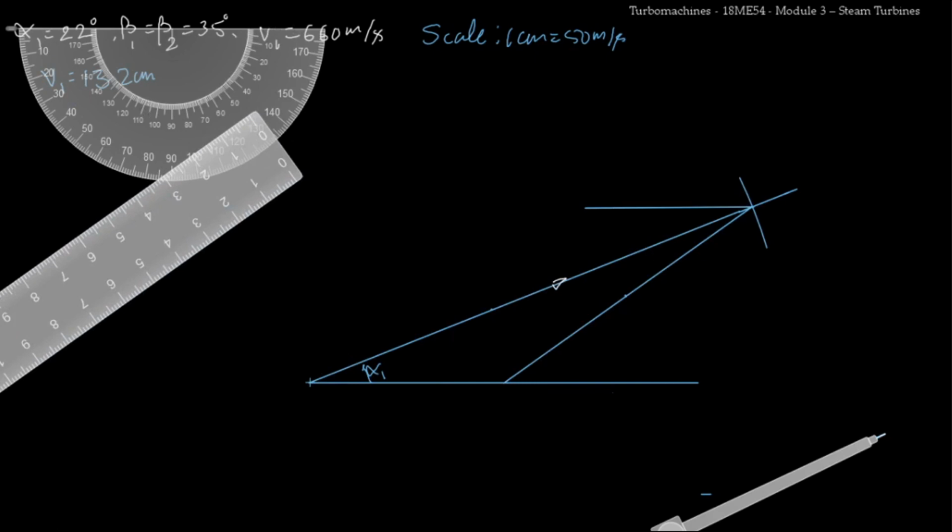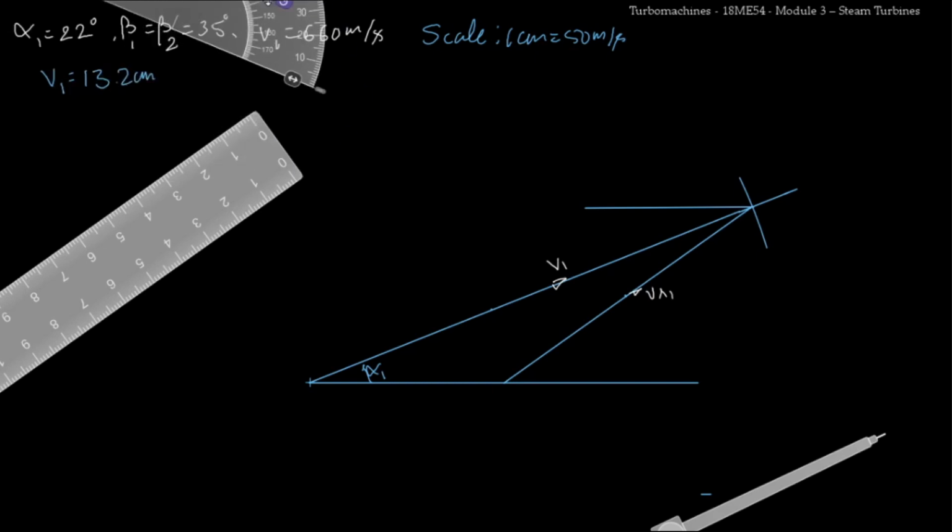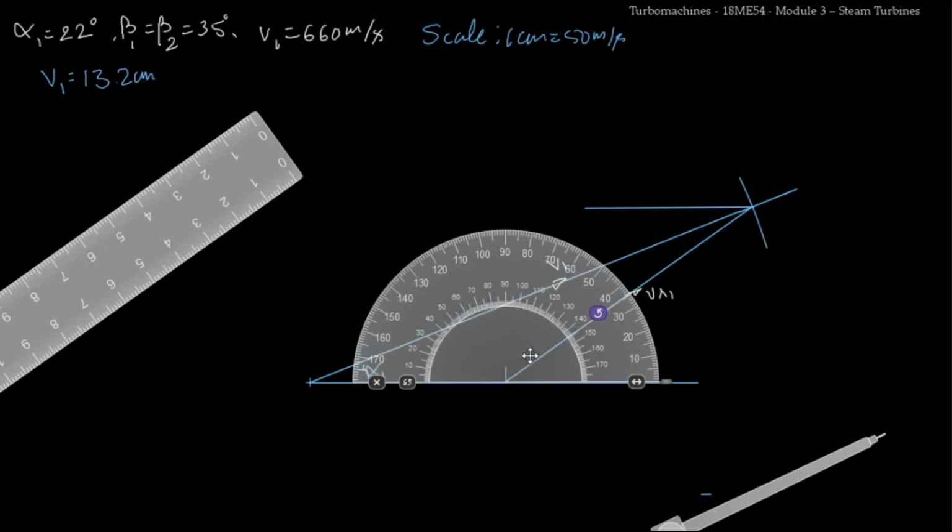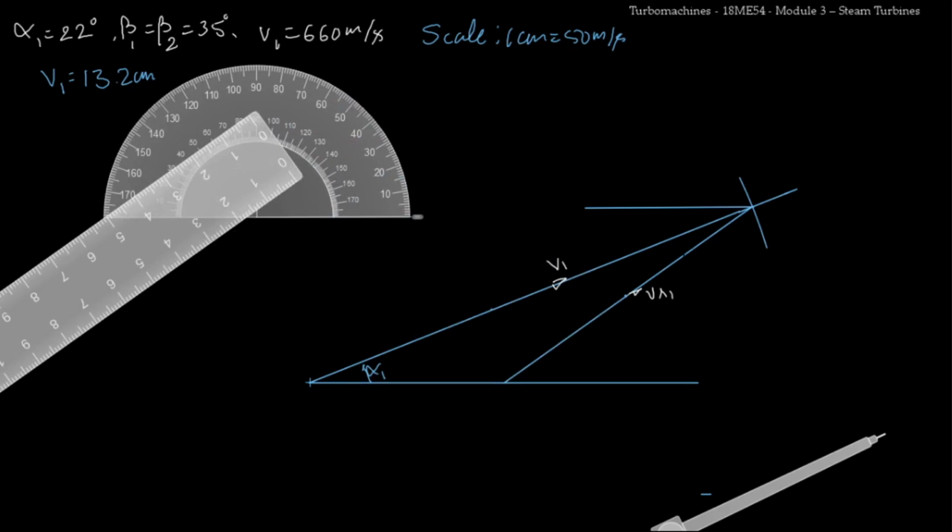Now this is my V1, this is my VR1, and if I measure the angle here, that will be 35 degree. So that will be exactly 35 degree, because these two angles are alternate angles, because these two are parallel lines and we have drawn a straight line across the parallel lines, and if we measure these two angles they have to be same.